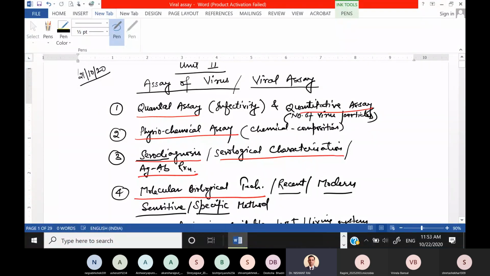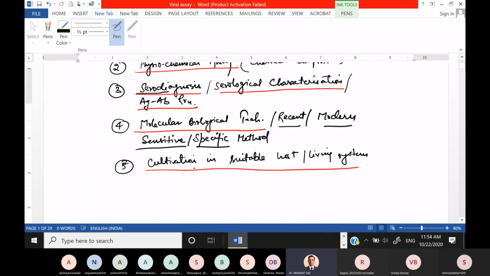You can even refer Tortora as well for basic knowledge about antigen antibody. Maybe you don't know about antigen antibody, and also I suggest you to ask questions about these immunological reactions or tests, because I am applying the knowledge of immunology, that is antigen antibody reaction, for the identification of viruses.